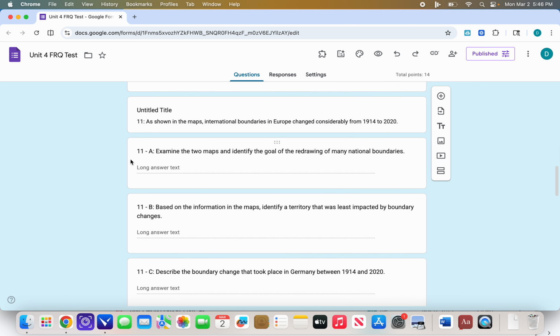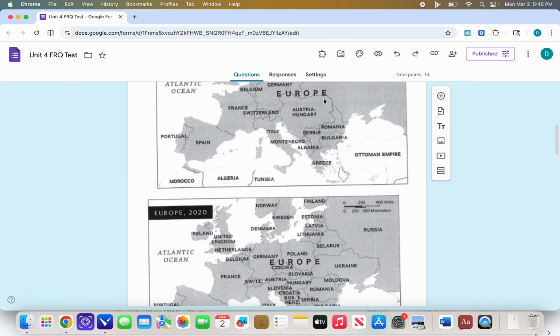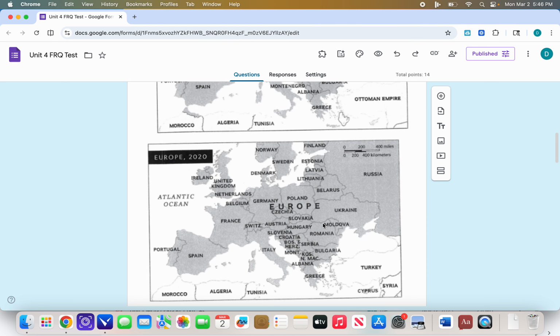So 11A is examine the 2 maps and identify the goal of the redrawing of many national boundaries. So when you examine the maps, why did they redraw this area in particular instead of being the Austro-Hungarian Empire to being about a half a dozen or so countries here? And you might remember from class, we saw that they broke it down into nationalities. So most of these are nation states.